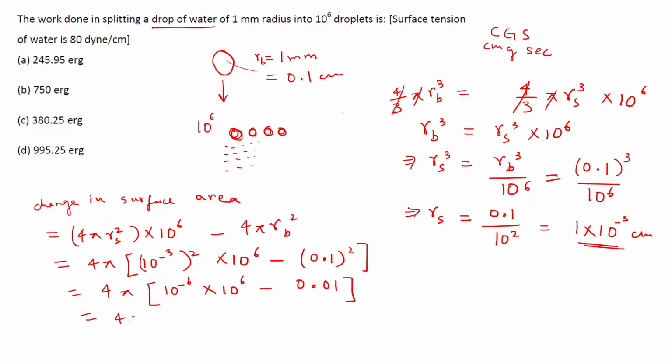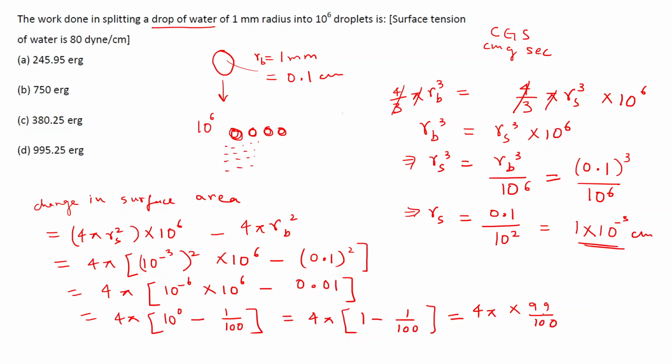So minus 6 plus 6 means 0, 10 to the power 0. Minus, if I write it in fraction form, 1 by 100. 10 to the power 0 means 1, anything raised to the power 0 is 1. So 1 minus 1 by 100, that means 100 minus 1, that is 99. 4 pi into 99 by 100.